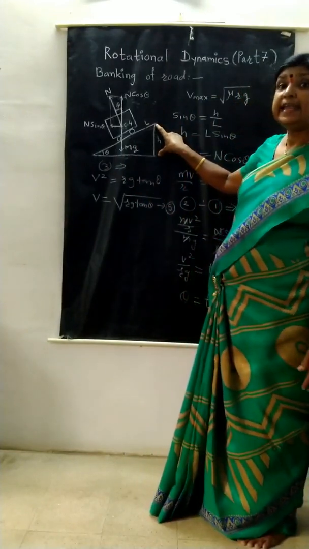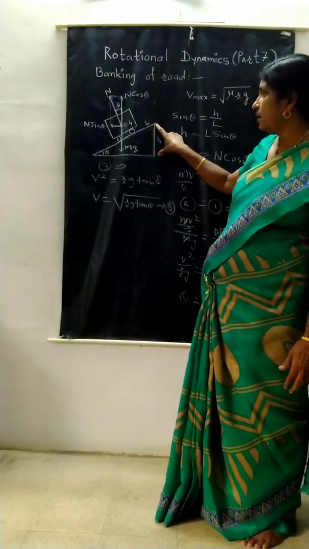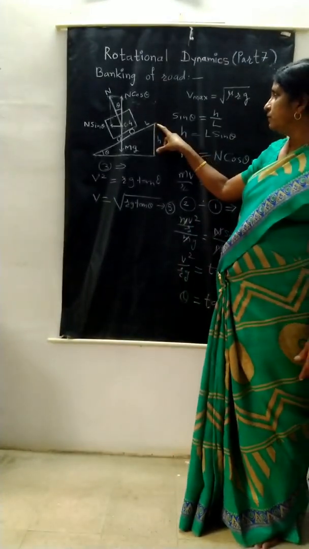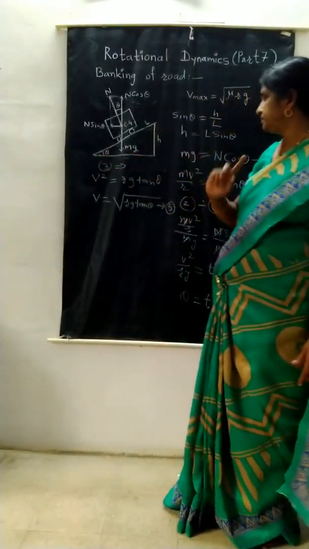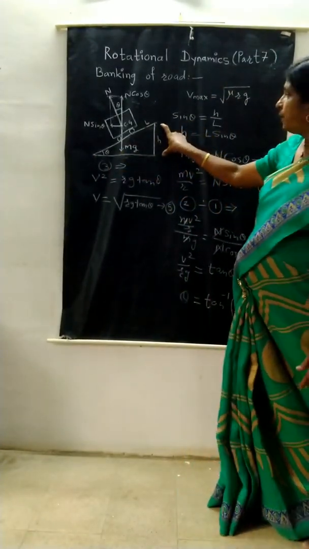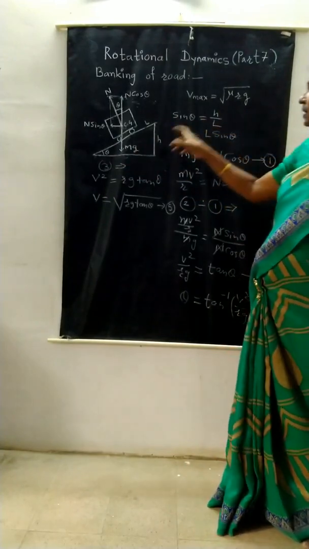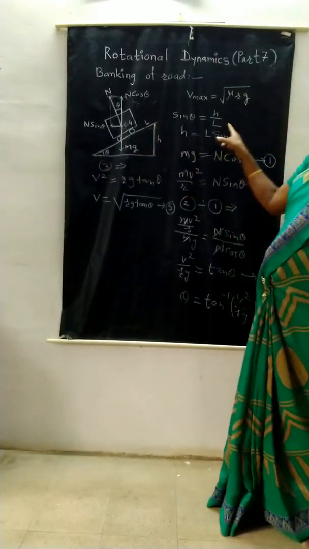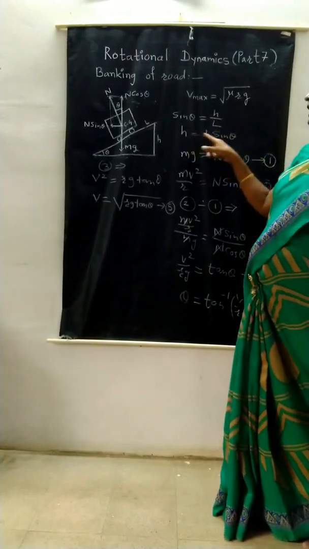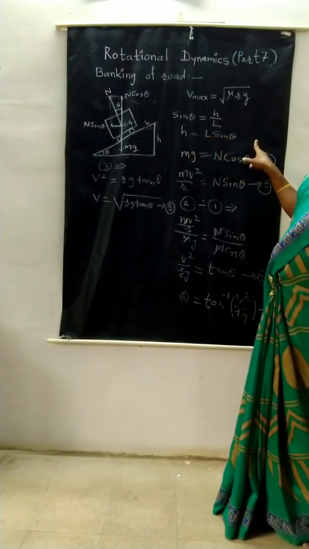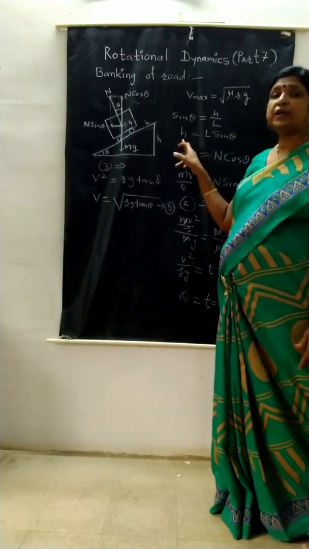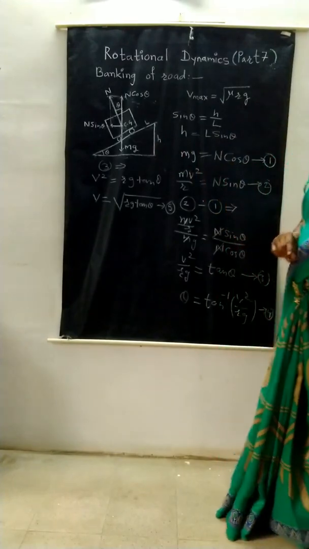It is called elevation. In order to find this elevation, we use this triangle. In this triangle, sin theta is equal to opposite side, that is h, upon the width of the road L. Hence, h will be equal to L sin theta. From this equation, we can find out the elevation of this road.